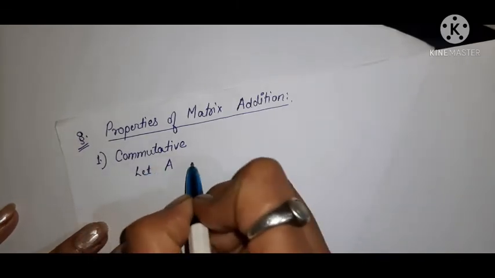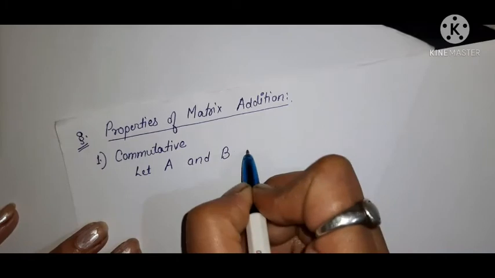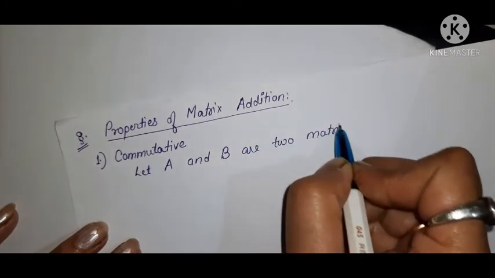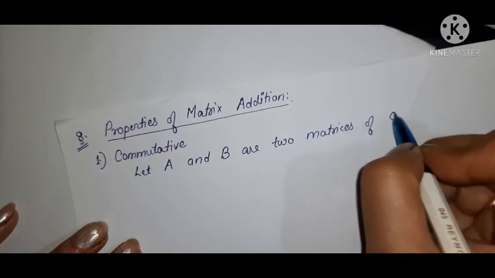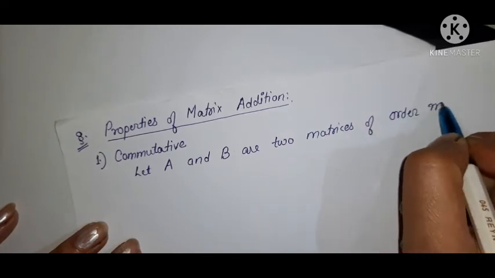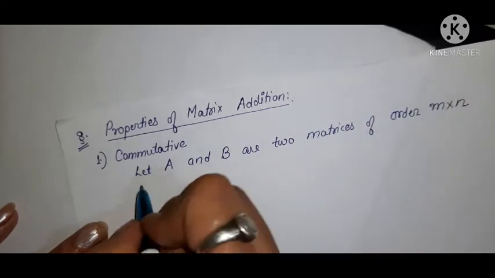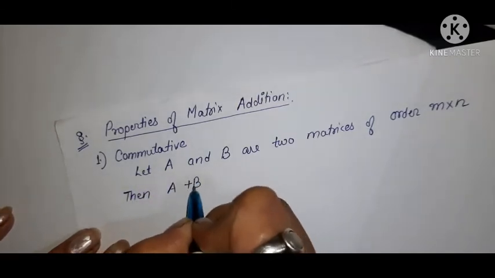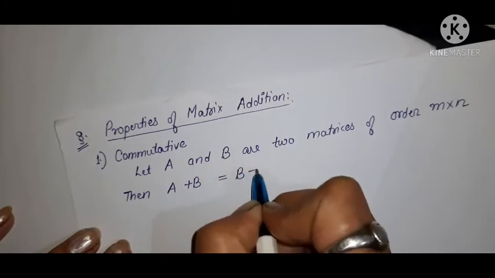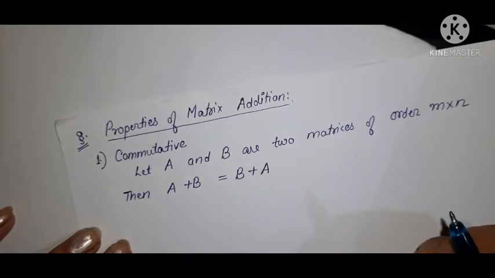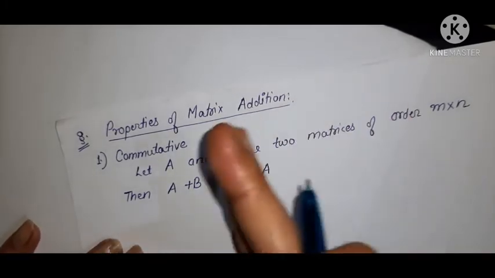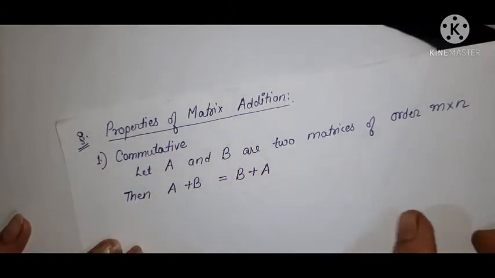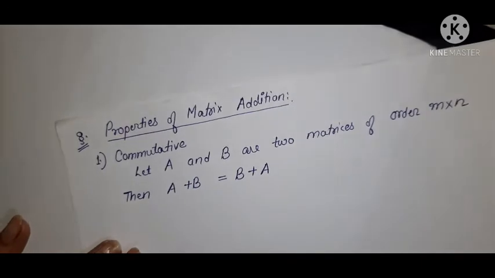Let A and B be two matrices of order m by n. Then A plus B is equal to B plus A. Means either you add it in this way or in this way, the result will be the same. This is called commutative property.